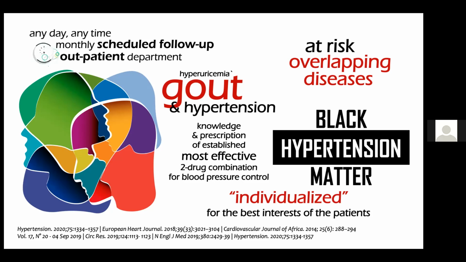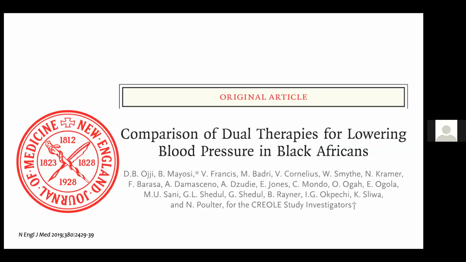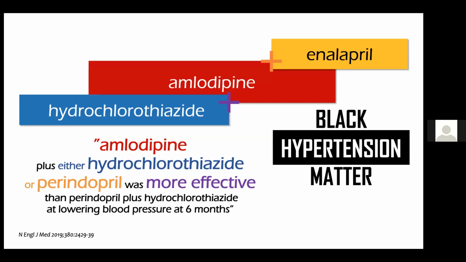According to race, the most effective combination for Black people, based on this paper, the Creole study, is that the anchor is amlodipine. Amlodipine combined with hydrochlorothiazide, or amlodipine combined with enalapril, are the most effective combinations in Black people.